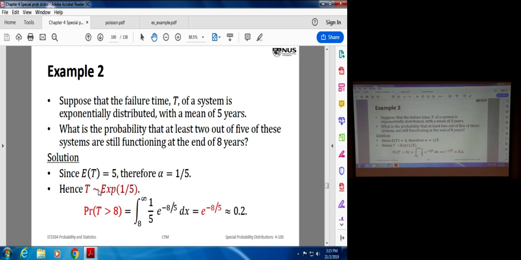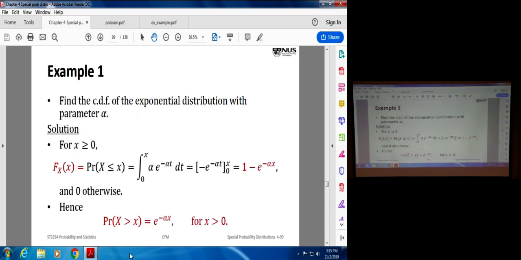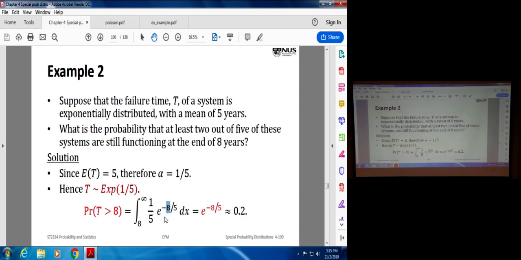Now the probability that the failure time is more than 8 years, for a single unit, is just the integral between 8 and infinity of 1 over 5 e to the minus x over 5 dx. So the probability that T is bigger than 8, we know the formula here, is e to the minus 8 over 5.